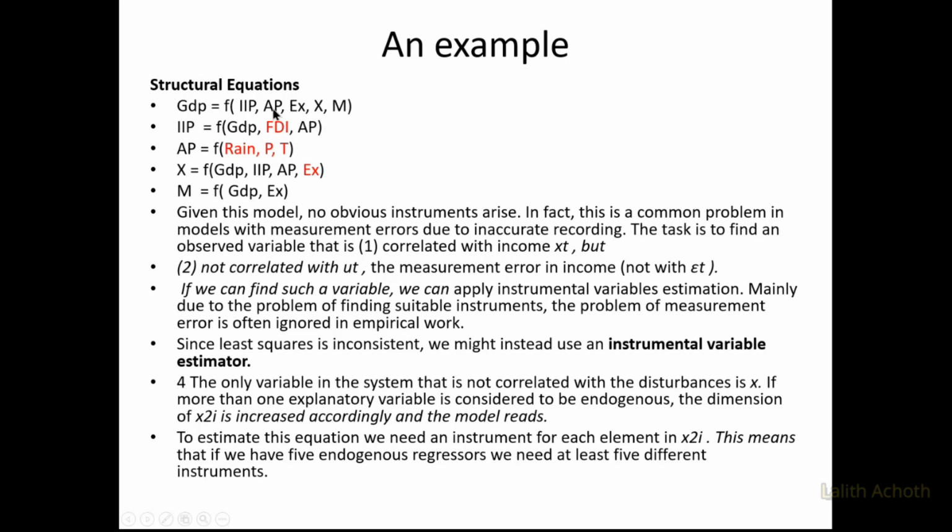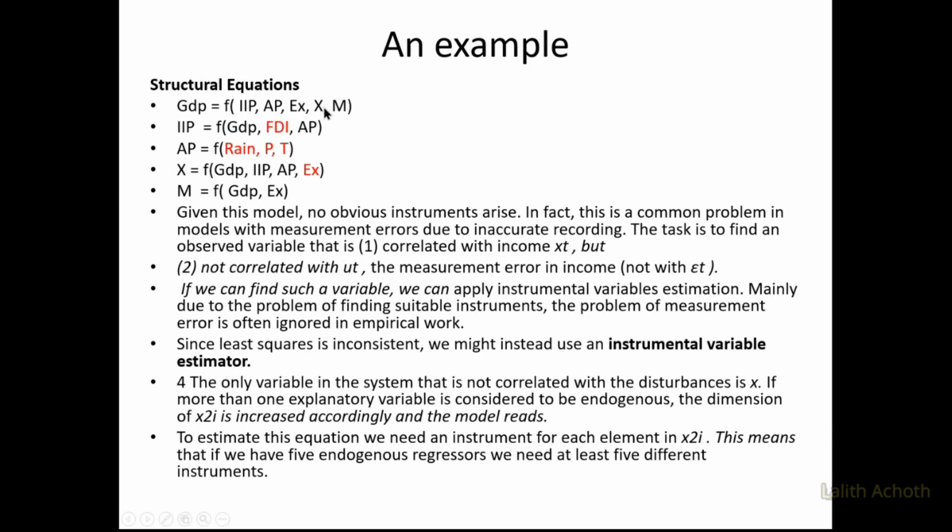Then I'm also assuming that agricultural production is also an endogenous variable, so I have to declare it. Wherever in my single equation model I find an endogenous variable, that variable should also be explicitly stated as an equation. Now, agricultural production is a function of rainfall, maybe exchange rate, and also time and technology.